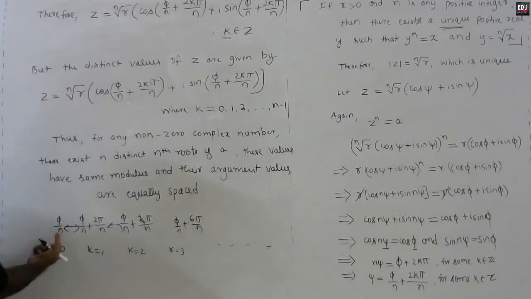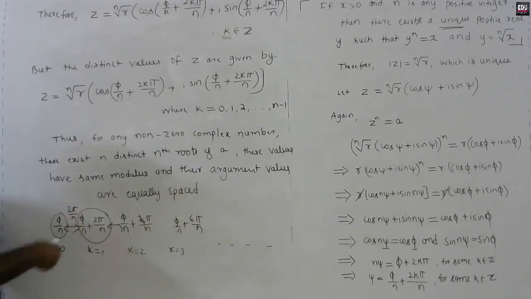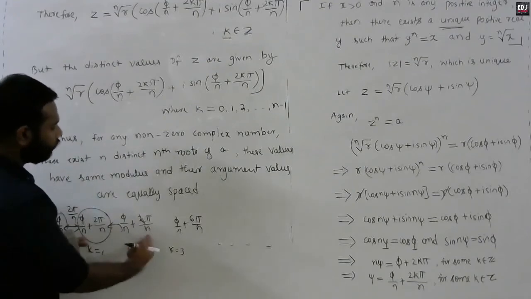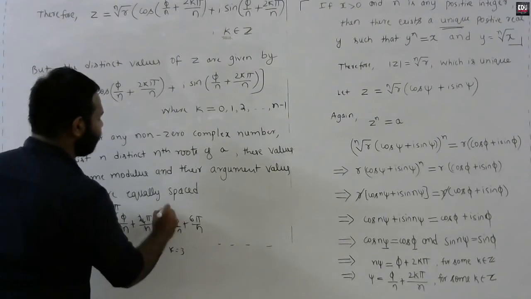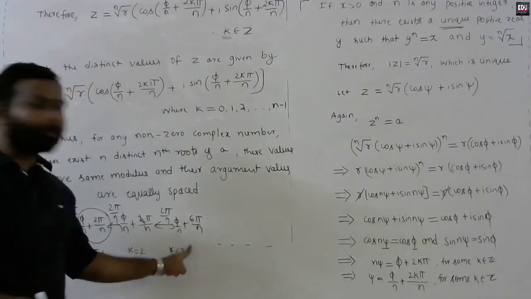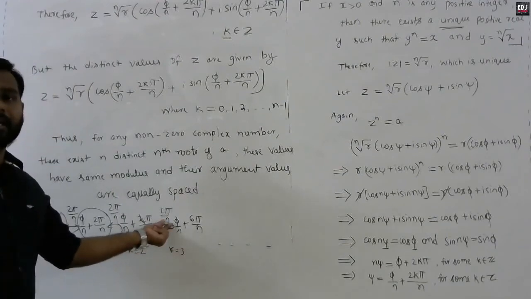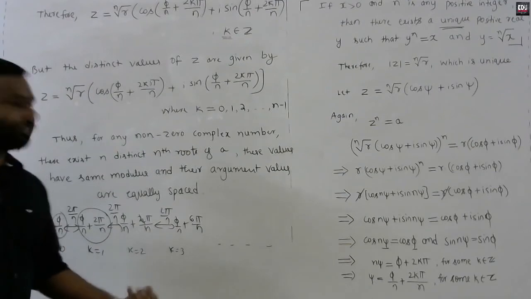This is the first argument value. To get the second value, you have to add 2 pi by n. Similarly, from the second to get the third, you have to add 2 pi by n. So the difference between any two consecutive argument values is 2 pi by n. That means they are spaced at an equal distance.